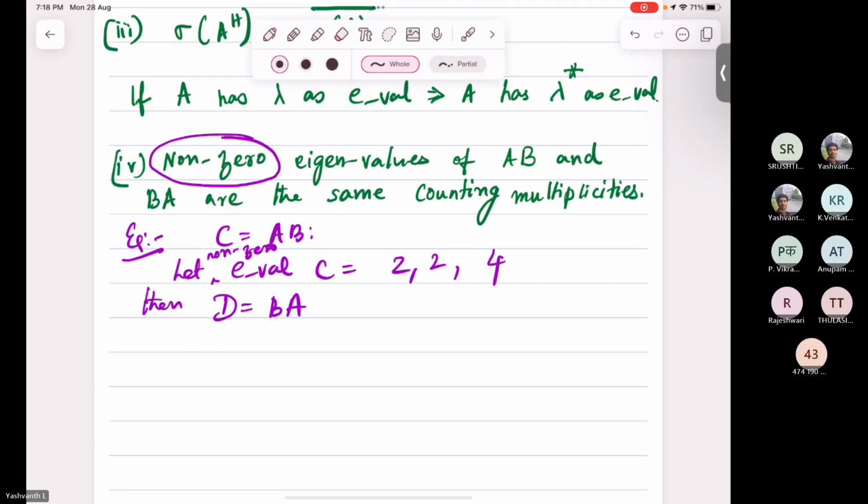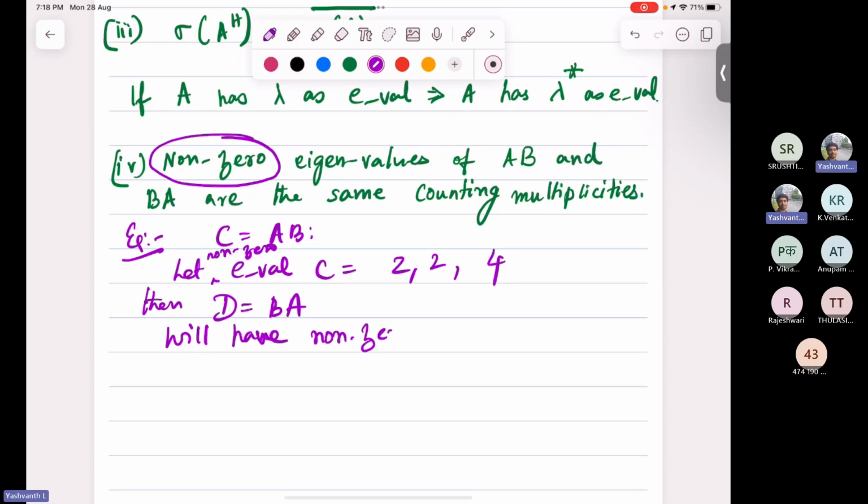Then we'll have non-zero eigenvalues 2, 2, 4 only. It will not have any other number. What is counting multiplicities? Here the lambda equal to 2 occurs twice, and here also it will occur twice only. It will not be like 2, 4, 4.